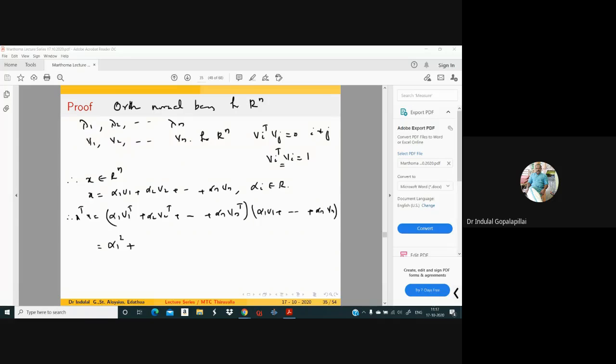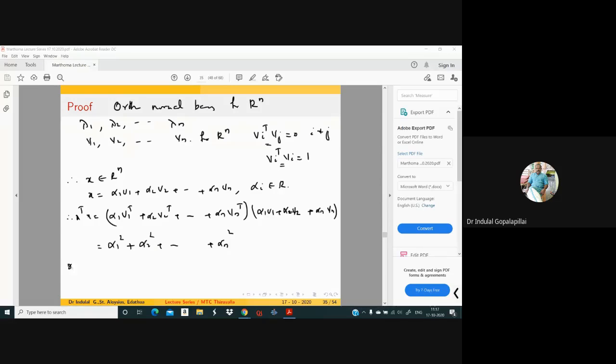Plus alpha 1 v1 transpose into alpha 2 v2, where v1 transpose v2 is 0 because the vi's are orthogonal. So all other cross terms are zeros, and the next contribution comes from alpha 2 v2 transpose alpha 2 v2, which is alpha 2 square, plus etc. plus alpha n square.